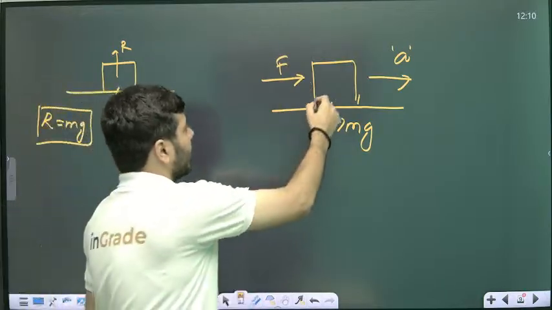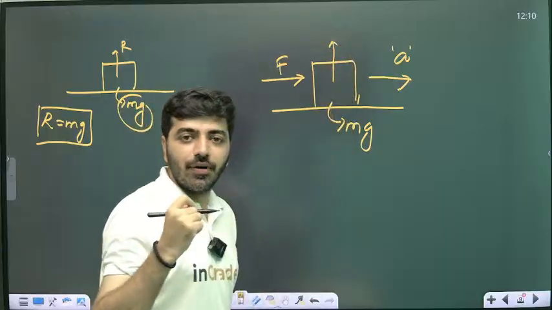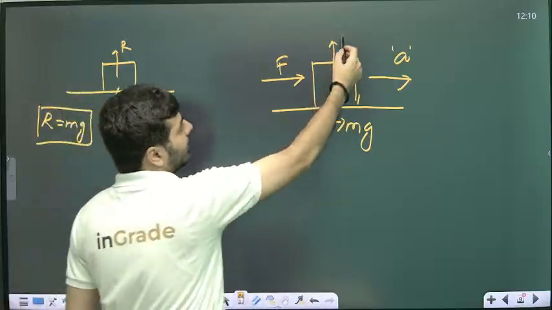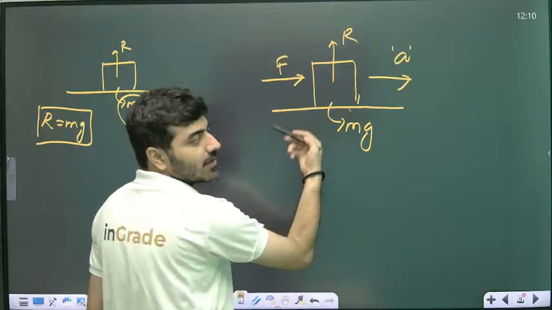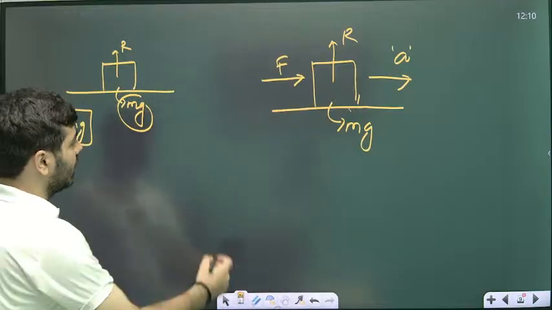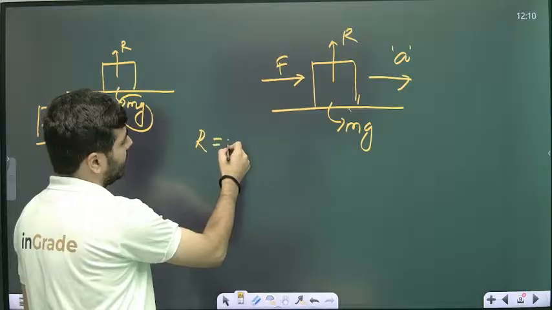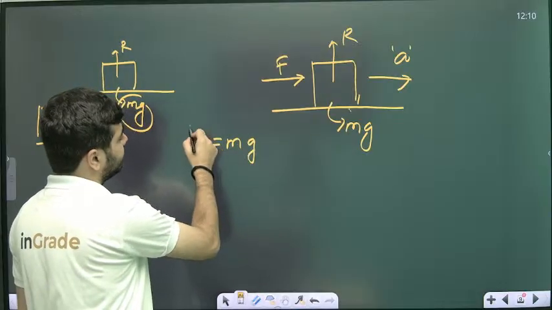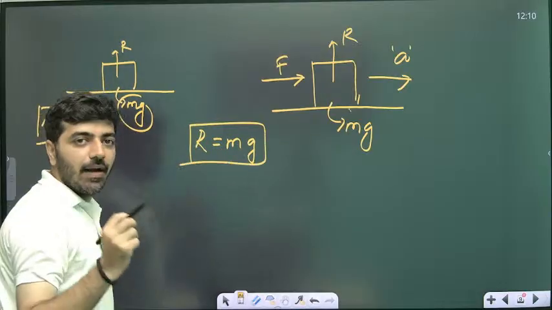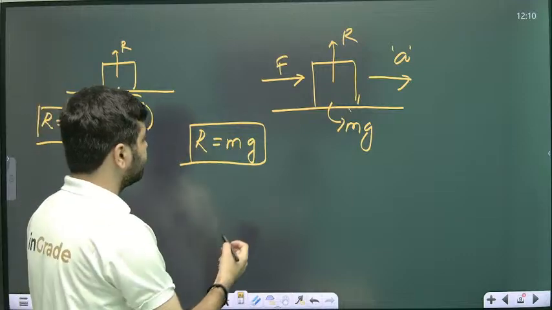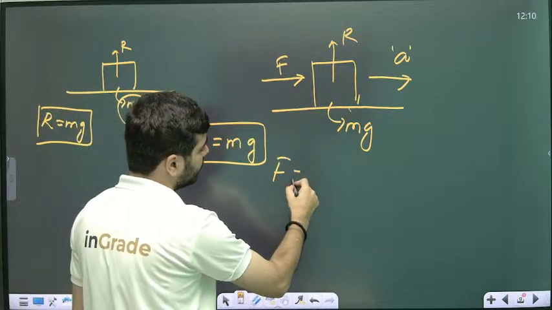First, we have to balance the vertical component. Let's say R will be the reaction force because of that surface. Then R will be simply mg. Now we have to balance the horizontal force. Simply F equals ma.